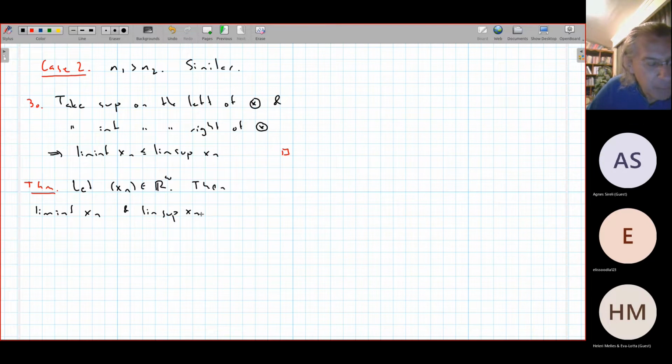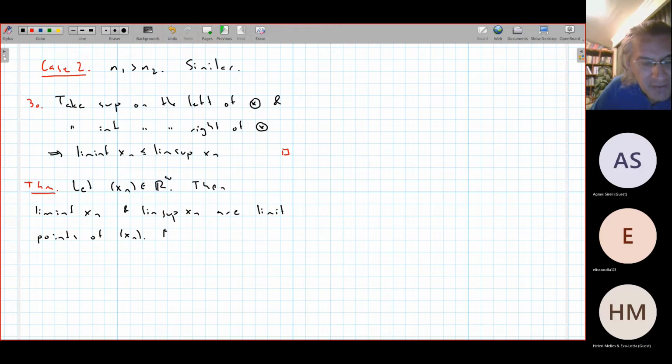And moreover, they have an important property. They are limit points of xn. So for any sequence, these two numbers are limit points of xn.